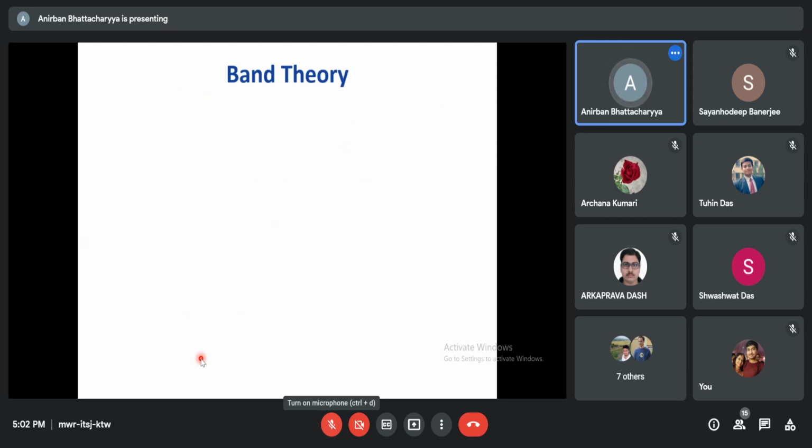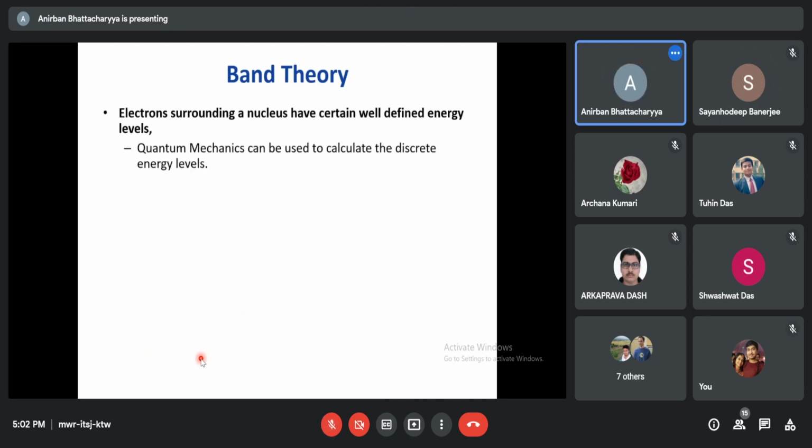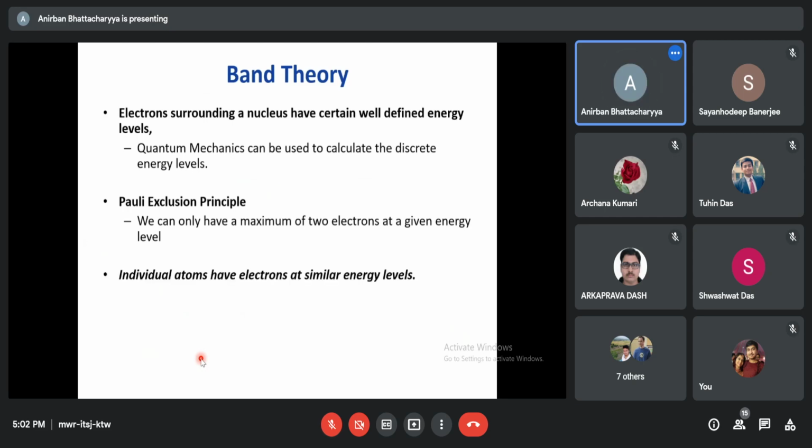Now, question: has Abhijit covered band theory in his class? Okay, so I can go through it quickly. It's a common structure. Electrons surrounding a nucleus have a certain well-defined energy. And the Pauli exclusion principle means we can have a maximum of two electrons at a given energy level. So individual atoms have electrons at similar energy levels.